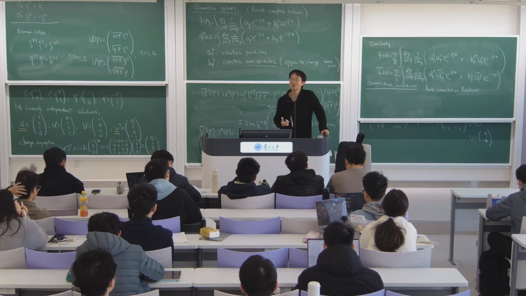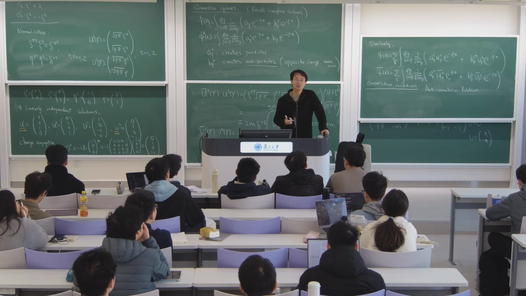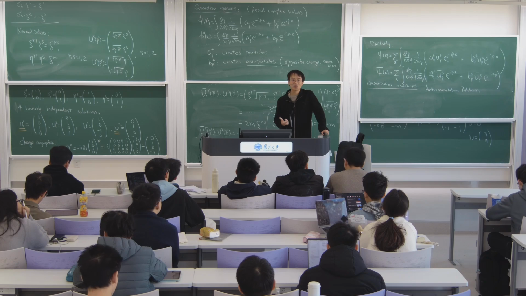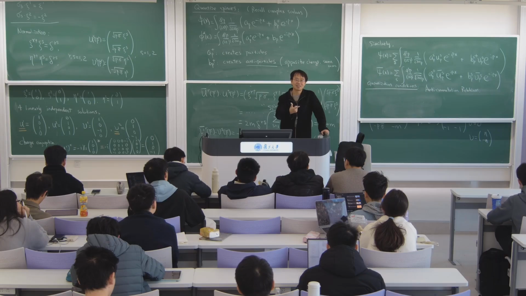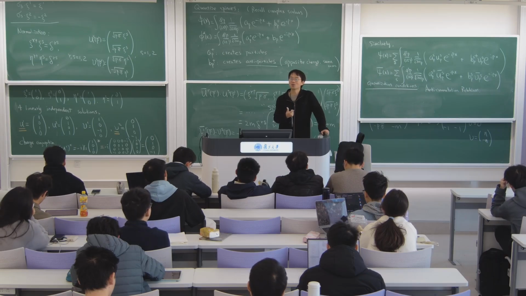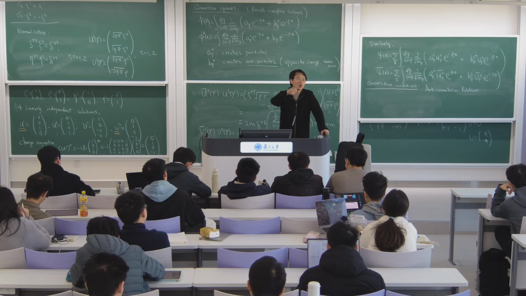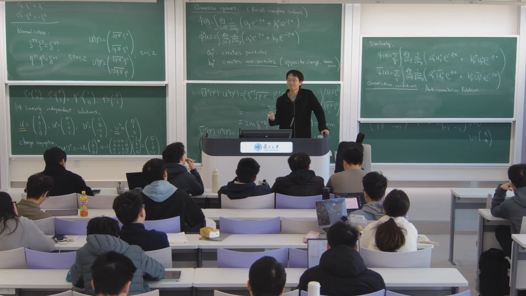The easiest way you can check it: you just use your dagger operator to create a state. Okay? Then for different states, there is some orthogonal relation, right? You have P1 or P2. Usually P1 is orthogonal with P2, meaning you take an overlap between P1 and P2, you get a delta function.